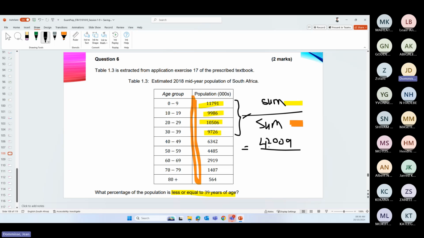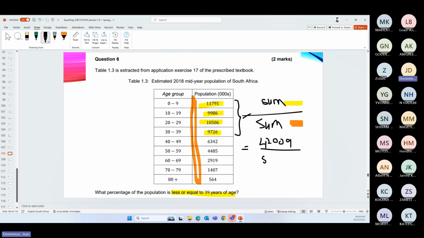So I have 42,009 already, so I will just say plus 6342 plus 4485 plus 2919 plus 1407 plus 564.